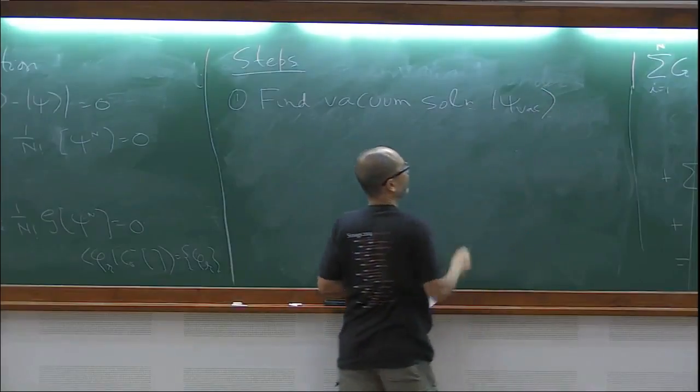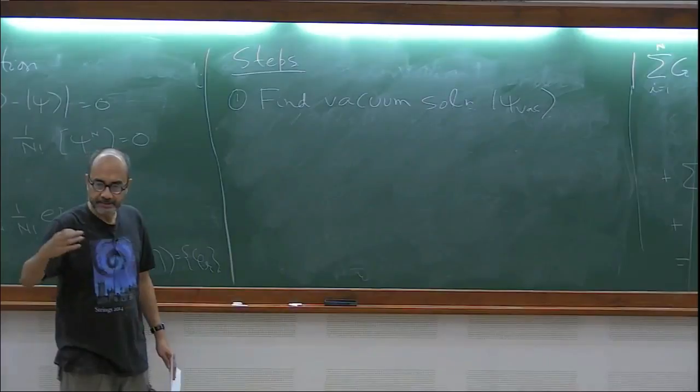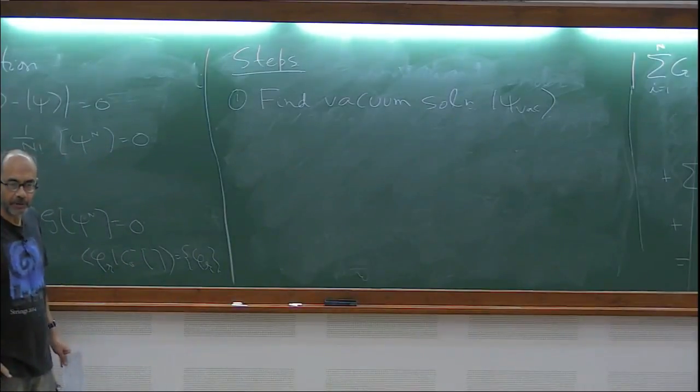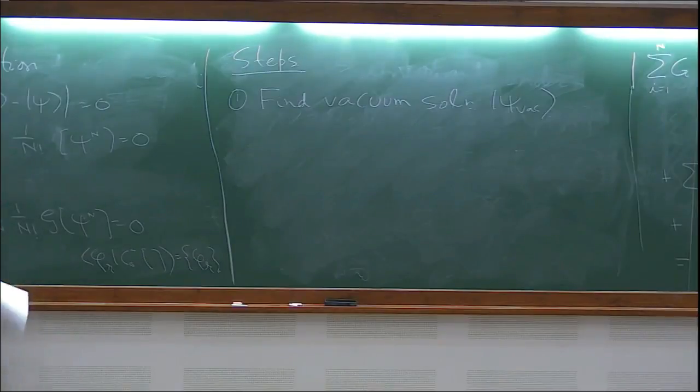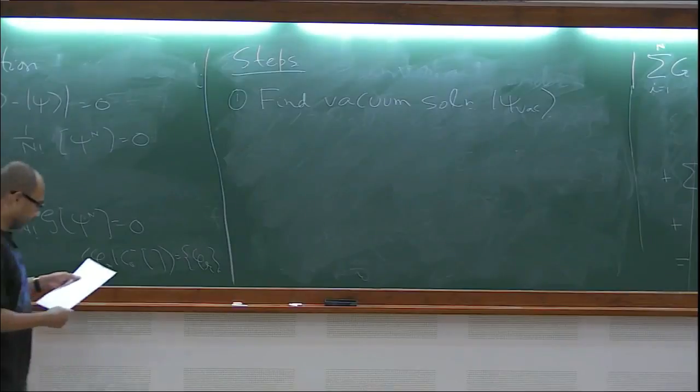A vacuum solution will mean in particular that it should have 0 momentum, translation invariant. It should be in the NS sector because you shouldn't have a fermionic solution. So using those constraints you have to find a vacuum solution that satisfies this equation.